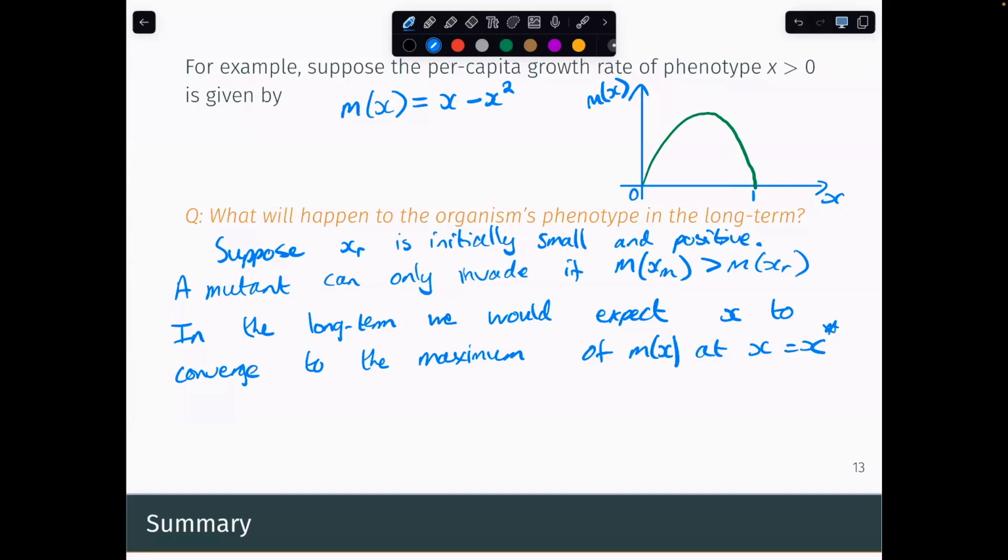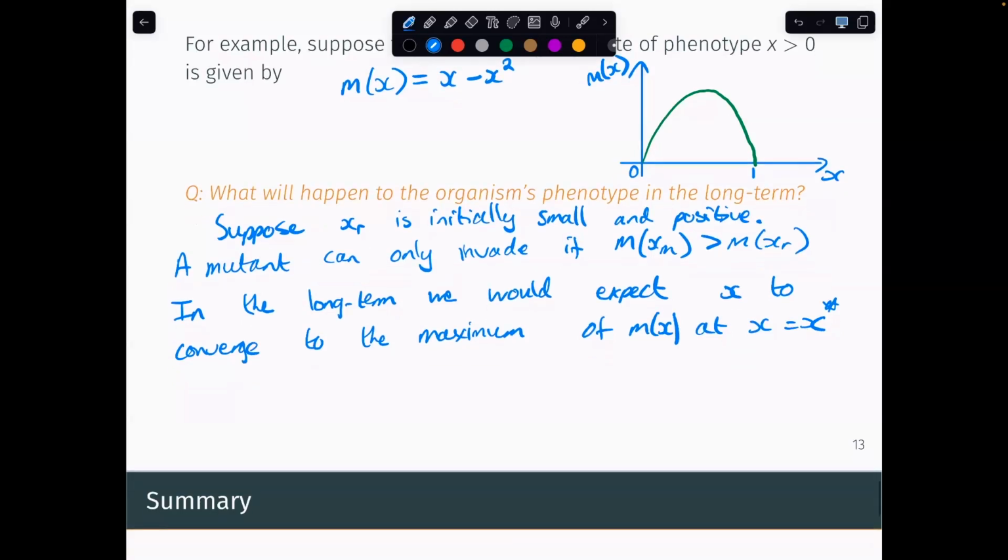We kind of jumped ahead in this analysis because we know what a quadratic looks like. This is why this is not a particularly rigorous way of doing this. This is that verbal argument. When we get into the details of adaptive dynamics, we'll talk about things like, does it converge? Essentially, we're assuming that it converges here because we know what a quadratic looks like. We'll get back to this in more detail in future lectures.